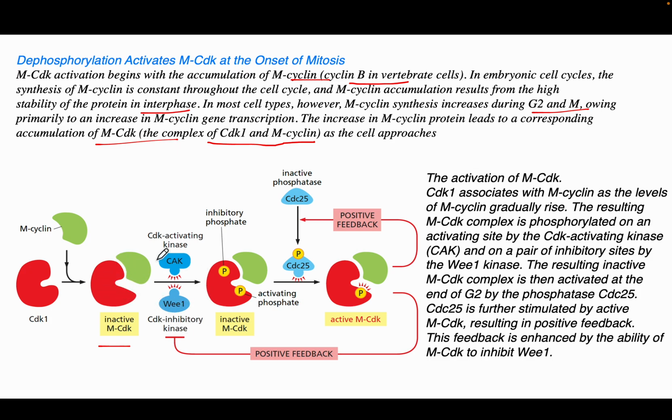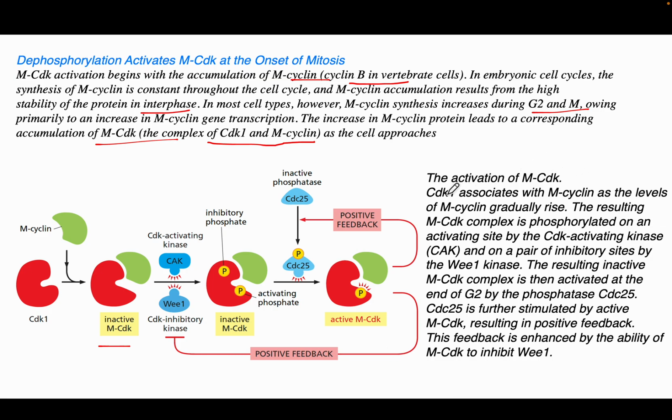If it also phosphorylates, then it will become inactive. Then there is a phosphatase, CDC25. It comes and dephosphorylates the inhibitory phosphate, so it makes the complex active MCDK.